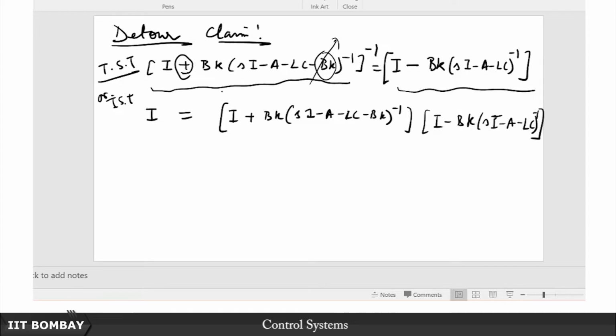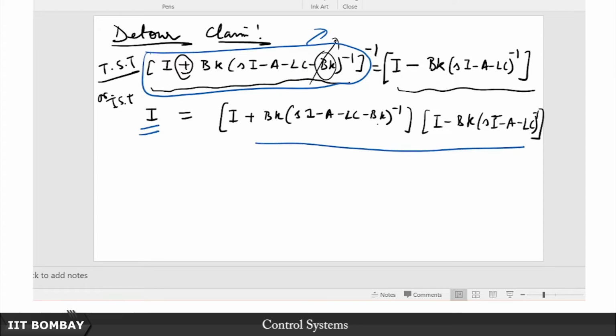If this is true, just notice one more time, let me hit with this term sans the inverse on the left of both sides. You can pre-multiply, post-multiply, whatever, but I am going to pre-multiply. So I am going to hit with this term on the left, I am going to get identity here. On the right hand side, if I hit with this, this is what I get. So I have to show that this nasty expression is indeed equal to identity, right.